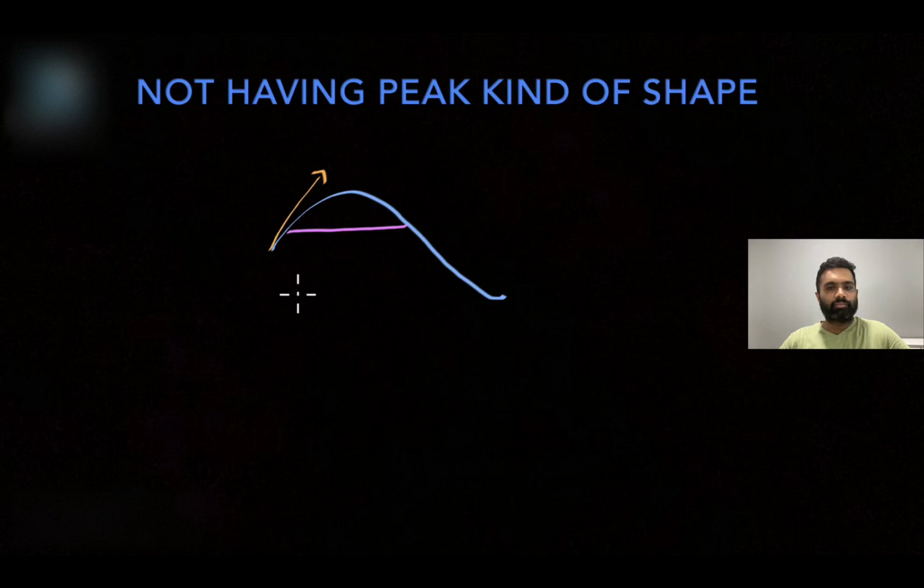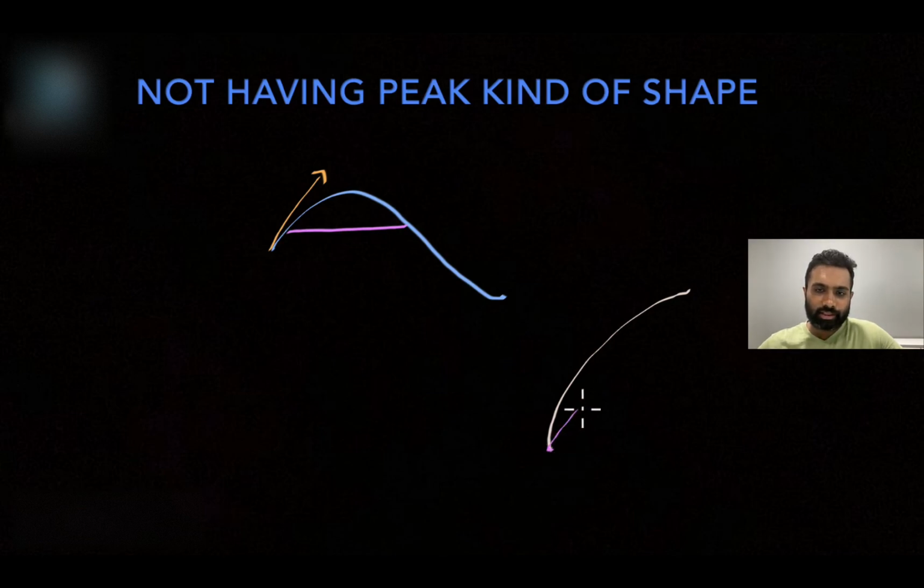That is the violation of the property of the convex function. So visually you can understand that a convex function will not have this peak shape. Also it will not have this kind of shape. So you can consider any line connecting any 2 points, which I have denoted with this particular pink color.